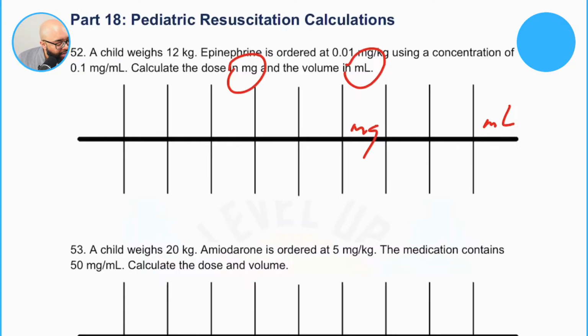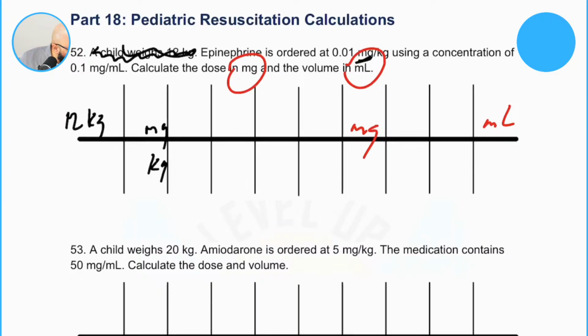This patient weighs 12 kilograms. So that's that part, 12 kilograms. I'm already in kilograms, so I don't have to worry about pounds. But to get rid of kilograms, I've got to put kilograms in the bottom, and let's put milligrams on the top. Since they give me stuff about milligrams, what's the relationship between milligrams and kilograms?